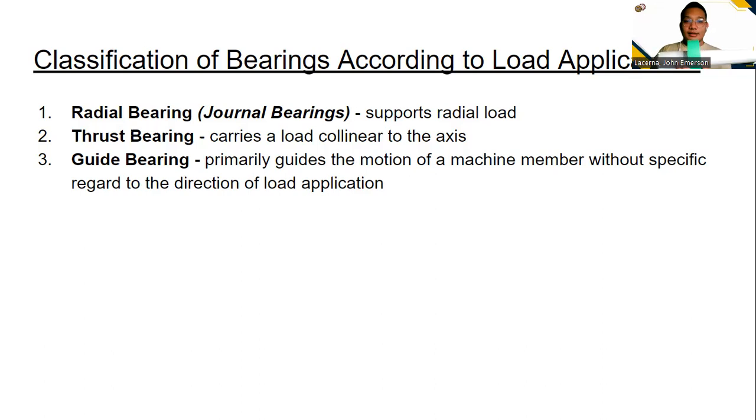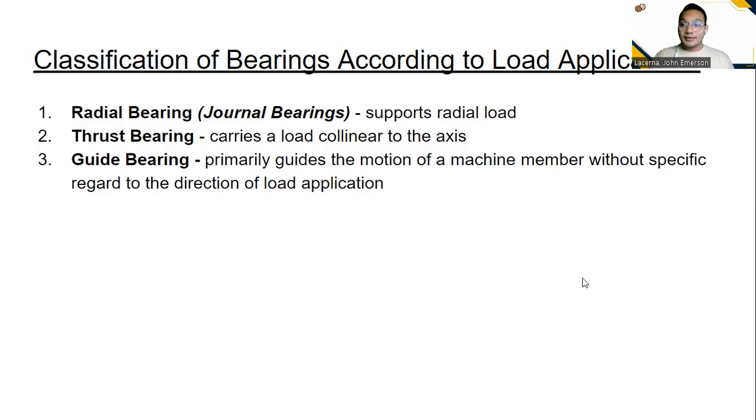Thrust bearing carries a load collinear to the axis. Yan, papunta dito. Papunta ang ating thrust bearing. Okay? And a guide bearing is a bearing that has housing. Hindi lang siya basta bilog. Ito yung ginagamit sa ibang industries, sa shaker machine, if you're familiar with that.